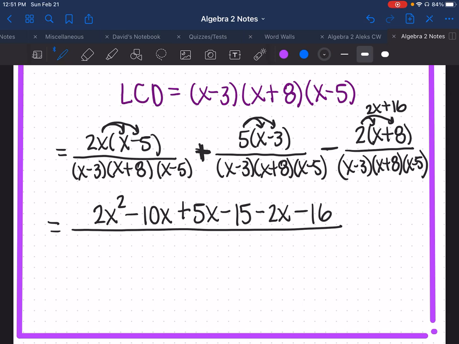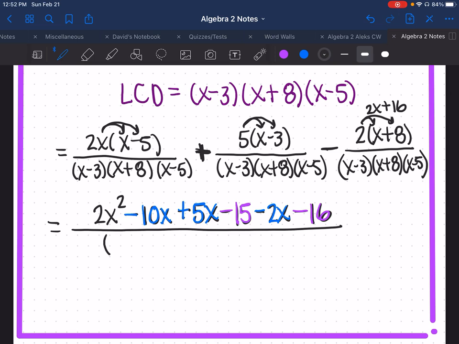All right, let's go ahead and combine our like terms: the 10x, the minus 10x, and the plus 5x, and the minus 2x. Those guys are going to combine together. And then we have negative 15 minus 16. So we're going to combine those together.